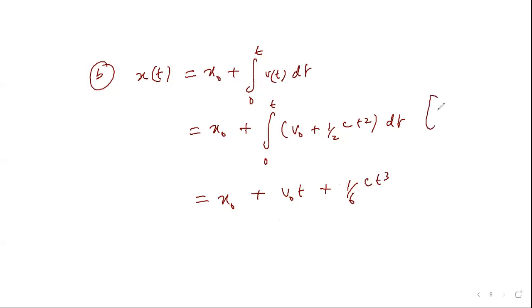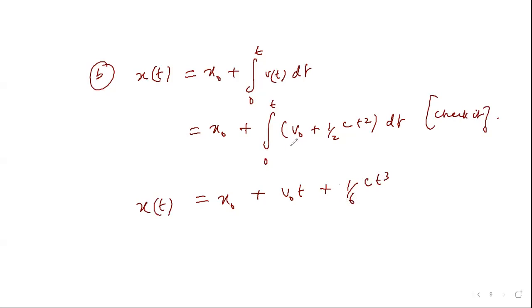Check it. X of t is now x0 plus v0 t plus 1 by 6 Ct cube.